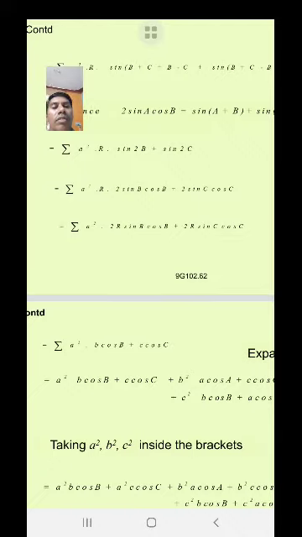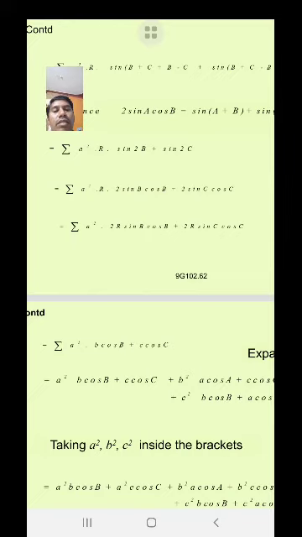So it becomes 2r sine b cos b plus 2r sine c cos c.